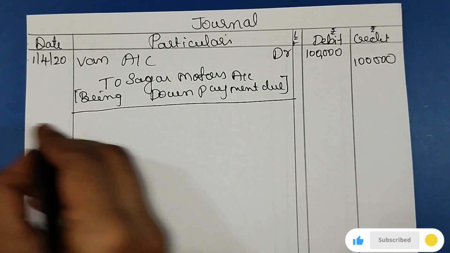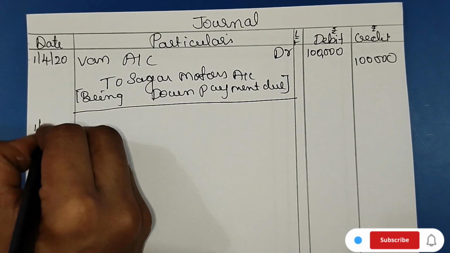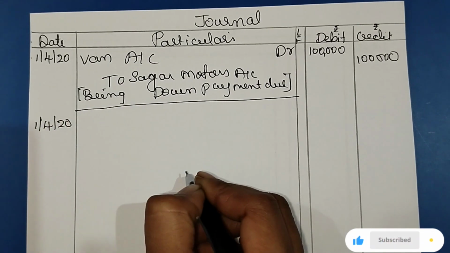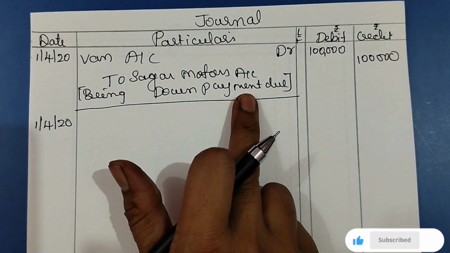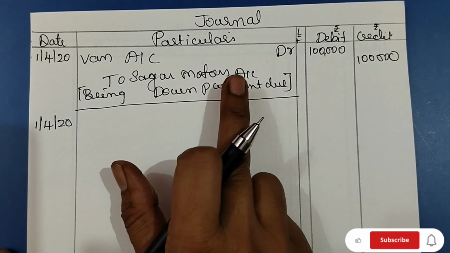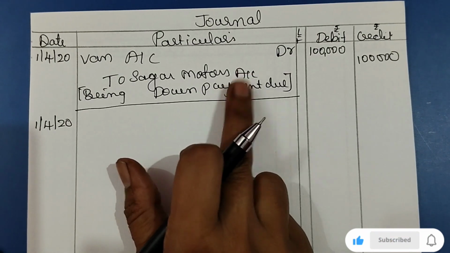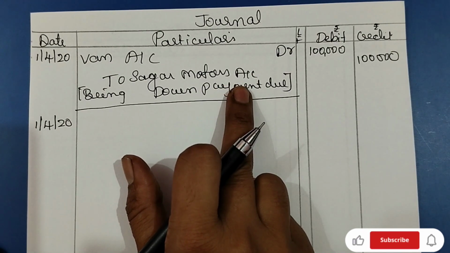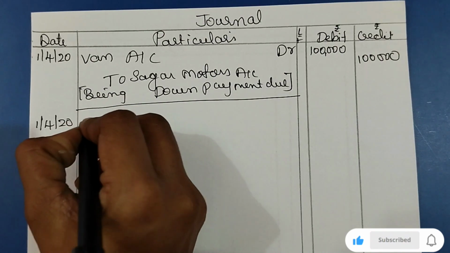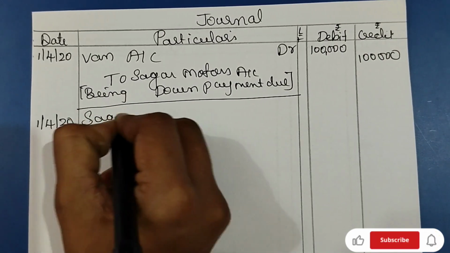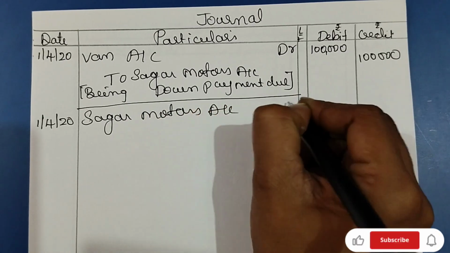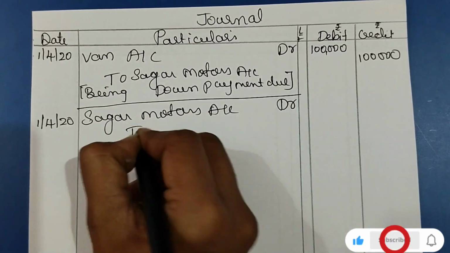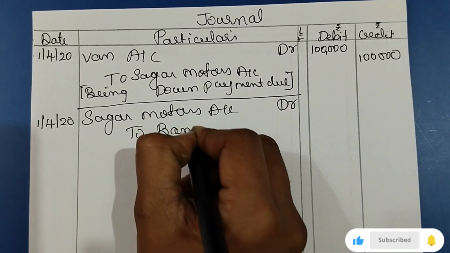The next entry on the same date is the payment entry. While making payment, we debit Sagar Motors because we debit the receiver. They are creditors or suppliers for us, coming under the personal account. Sagar Motors account debit, through bank we are making payment, so we credit the bank account.